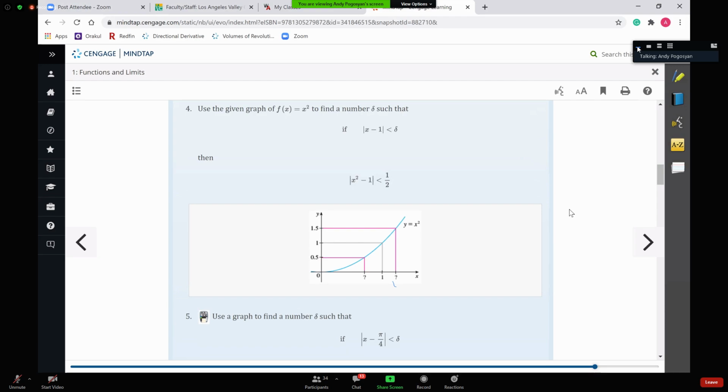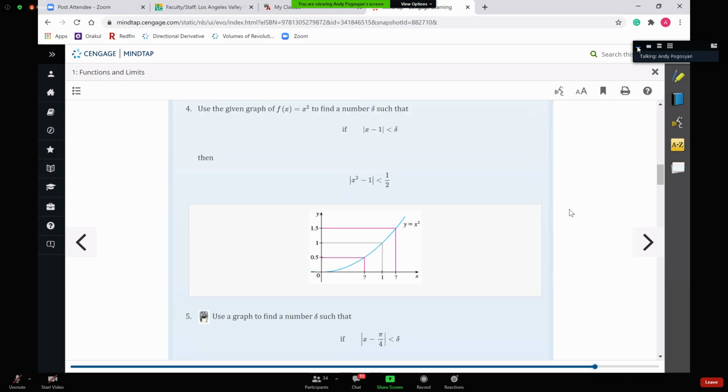Now, |x − 1| < delta means x is in the interval from 1 minus delta to 1 plus delta. And for those values, we need to have f(x) between 0.5 and 1.5.